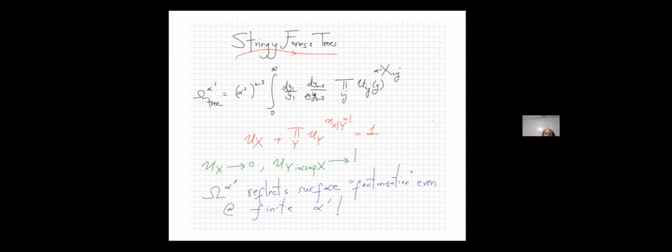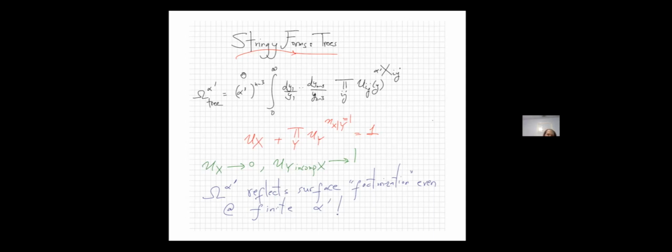So we just integrate over all the y's, an n minus 3-dimensional integral. Oh, I forgot to put the powers of the y's here. So there's some y to the alpha prime y here. No, sorry, in this form, no, sorry, I apologize. This is perfectly fine. So it's just a product over all the uij's to the alpha prime xij. Okay, that's the stringy canonical form at tree level.